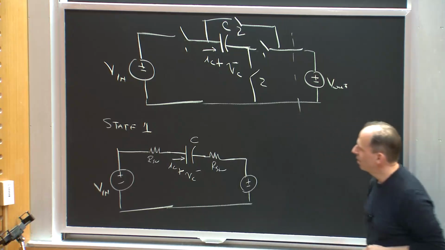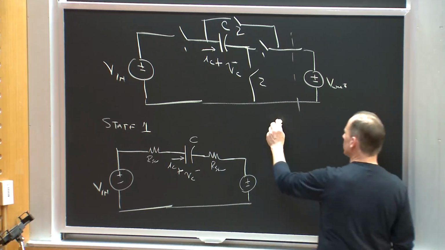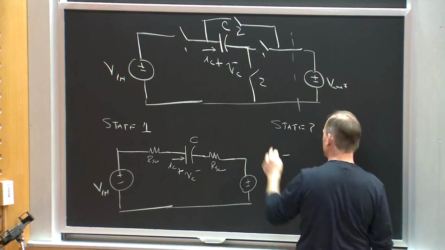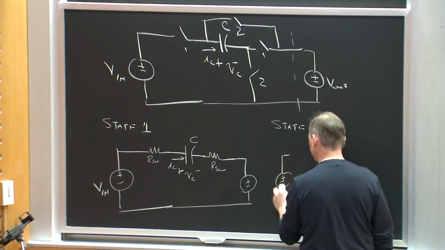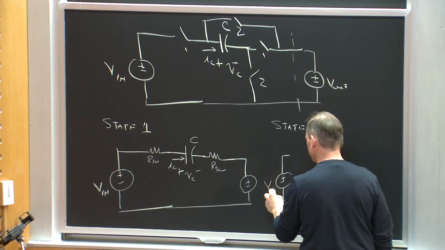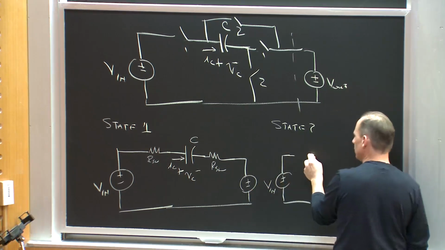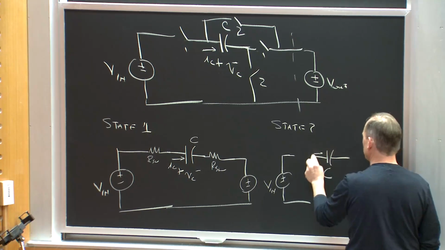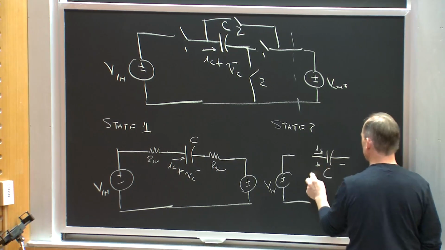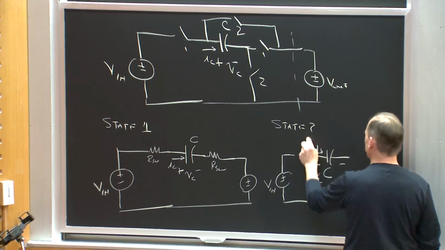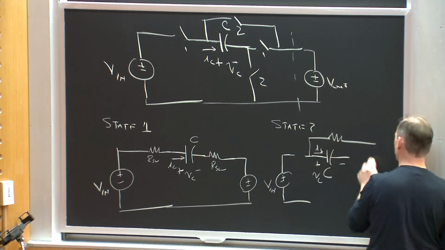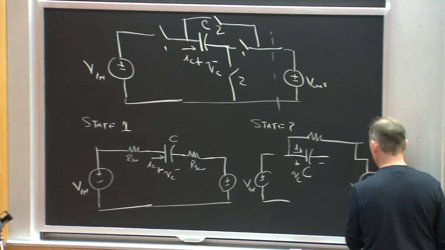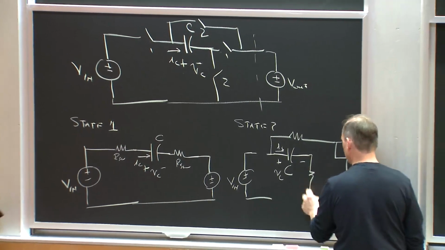Okay? And in my second state, state 2, the input's now going to be disconnected. Okay? But I am going to connect my capacitor through a resistor to the output, like this.